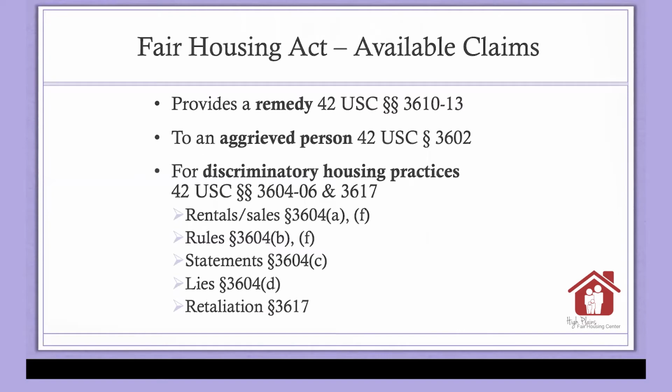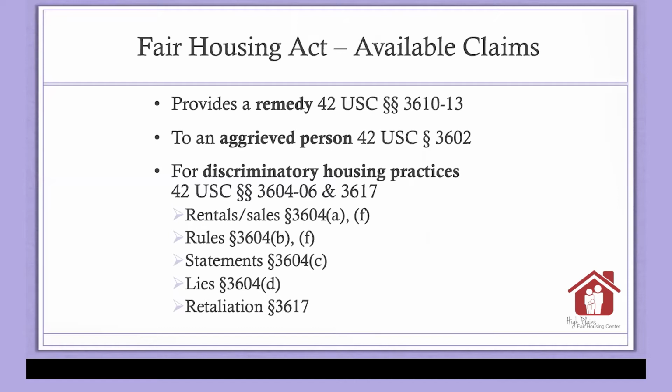So to put it a different way, the Fair Housing Act's available claims can be articulated as follows. The Fair Housing Act provides a remedy to an aggrieved person for discriminatory housing practices. And those are intentionally crafted to be stated as broadly as possible.